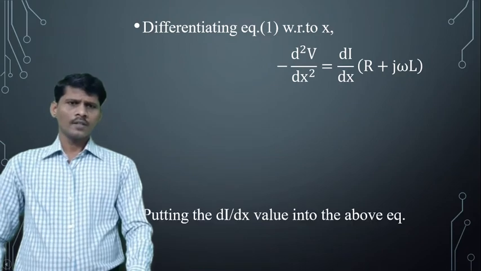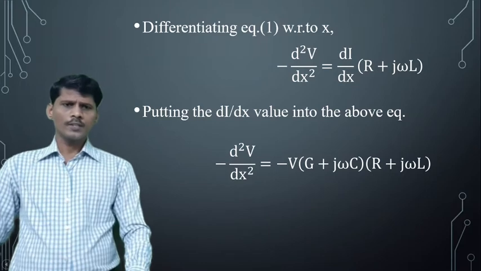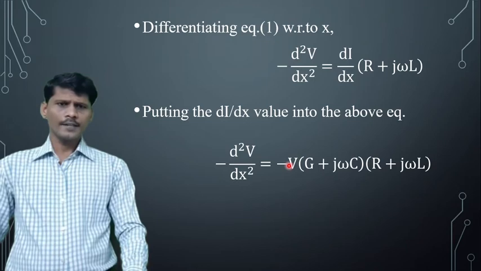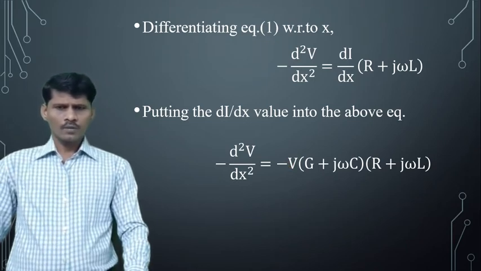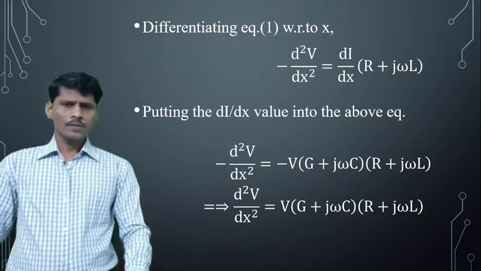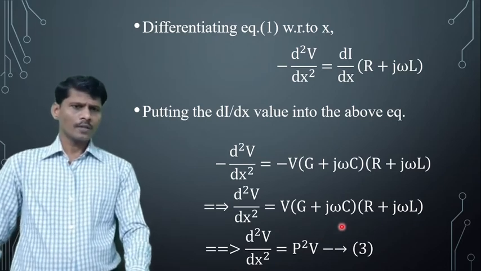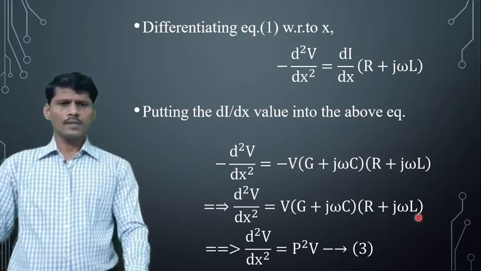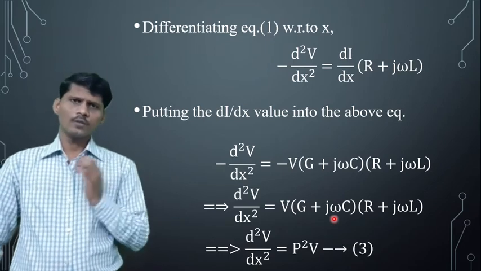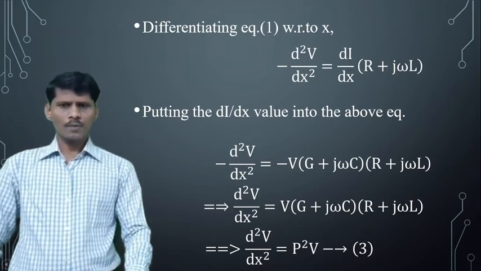So we get minus d square V by dx square is equal to minus V into G plus j omega C into R plus j omega L. On both sides, the negative sign is cancelled. That is d square V by dx square is equal to P square V, where P square is equal to R plus j omega L into G plus j omega C, where P is a complex quantity.